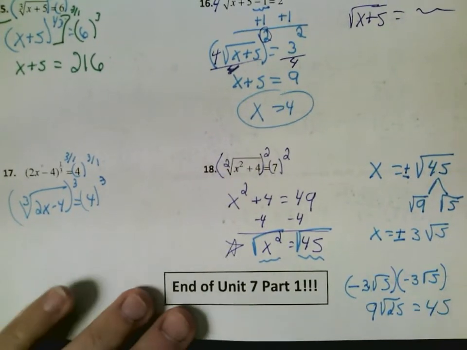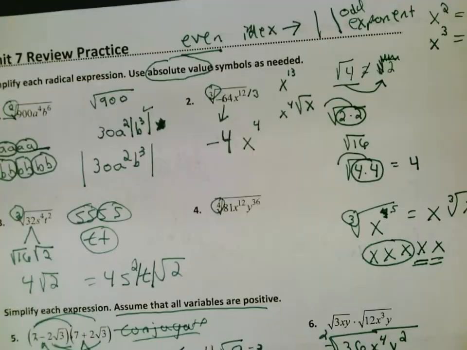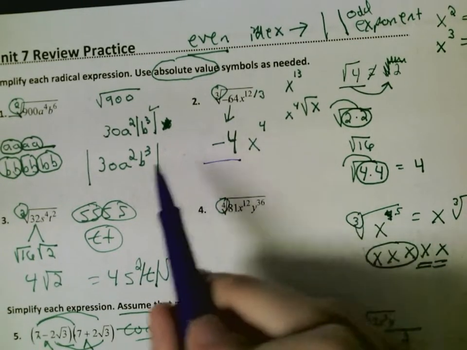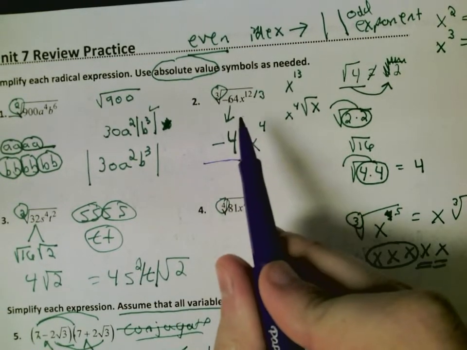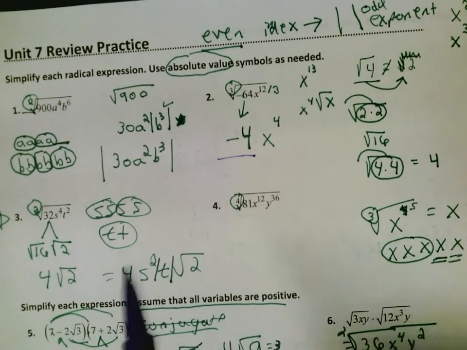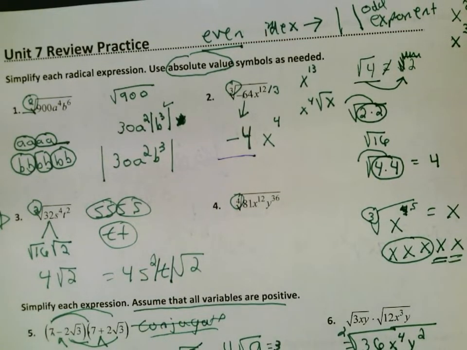Now, that wouldn't apply if it was a cube root, because very similar to what we talked about on the front, in cube roots, it would have to be negative or it would have to be positive in order to get you to your answer. But if it's an even root, you really need to be thinking about those positives and negatives. That's why we put the absolute values on there, because it could be positive or it could be negative.